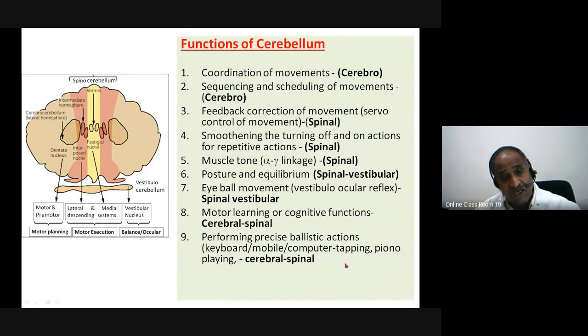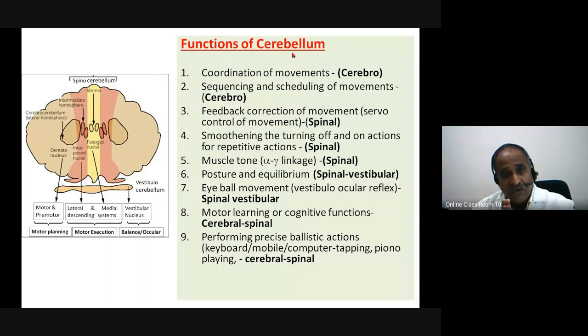Ballistic motions are part of the cerebellum's function. If the cerebellum is not there, you will not be able to do ballistic motions like that. You may not be able to operate your mobile phone, which is a basic requirement of the present day.